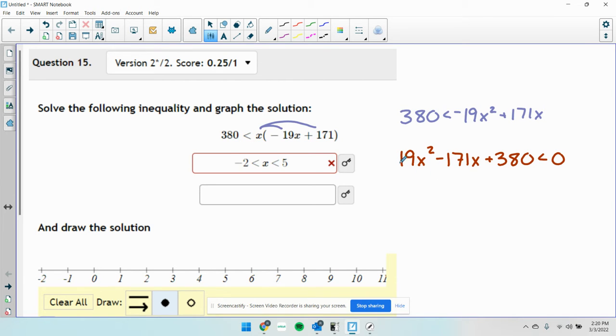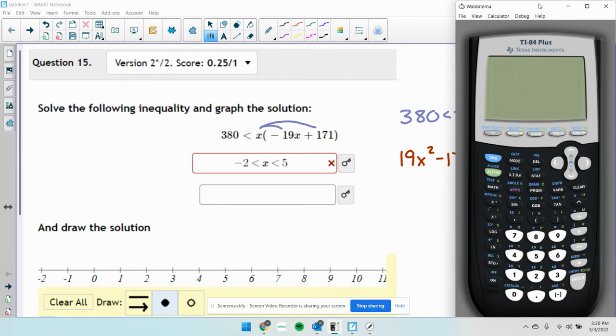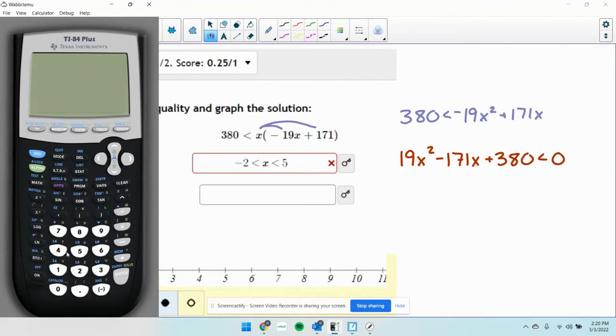Okay. So can I factor anything out? I believe we can. I believe 19 goes into all three of these terms. So if I pull a 19 out, let's see what we're left with. Well, the first term is going to be x squared. If I do 171 divided by 19, I get 9. So I'm going to put the 19 out front.